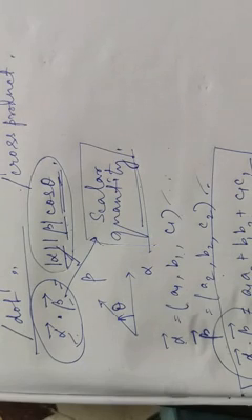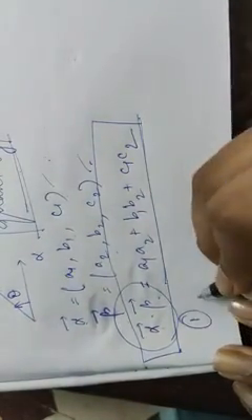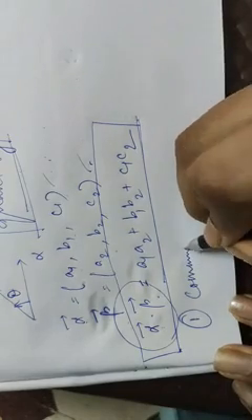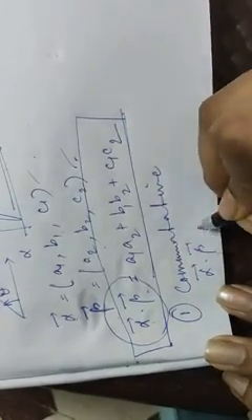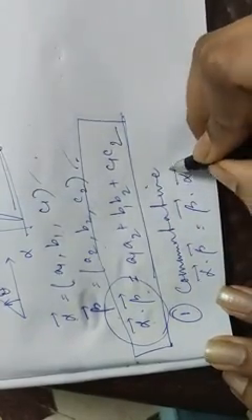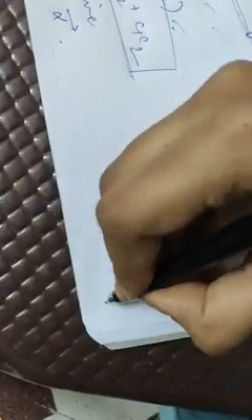Now let us recall a few properties of scalar product or dot product. Number one property is that it is a commutative product. That means alpha dot beta equals beta dot alpha. Number two, it is associative also.